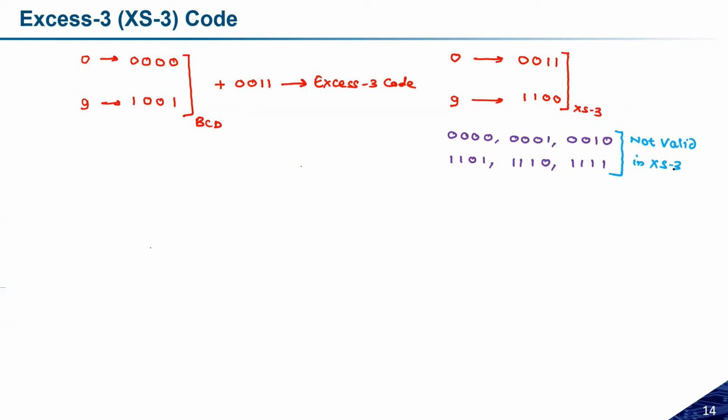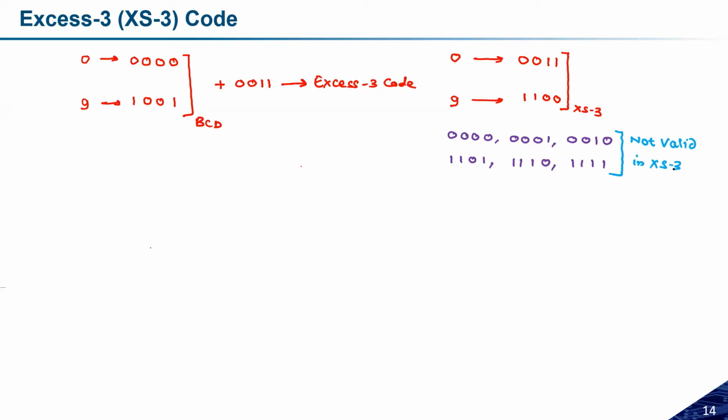The rules were: if a carry is generated from one nibble and transferred to the second nibble, I have to add +6 on that nibble. This was the first condition. And the second condition was, if the number is greater than 9, which is 1001, then I have to add +6 on that. So this was the condition if I am performing BCD addition.